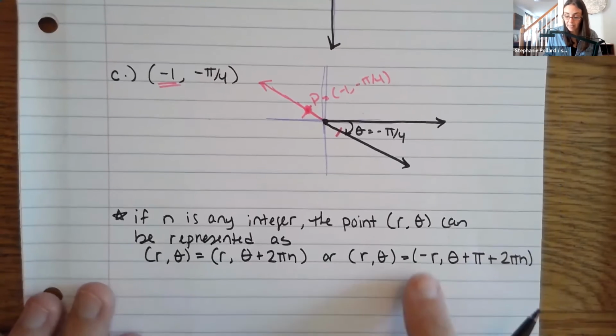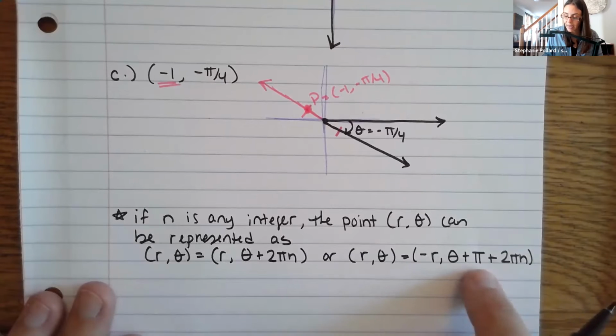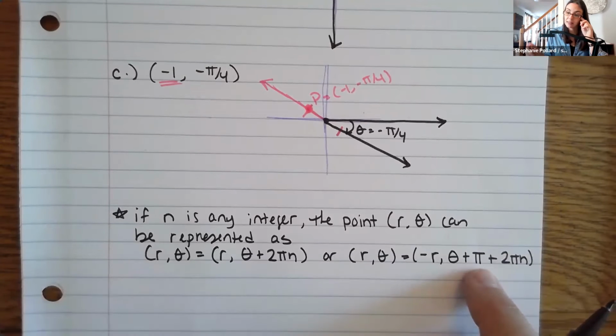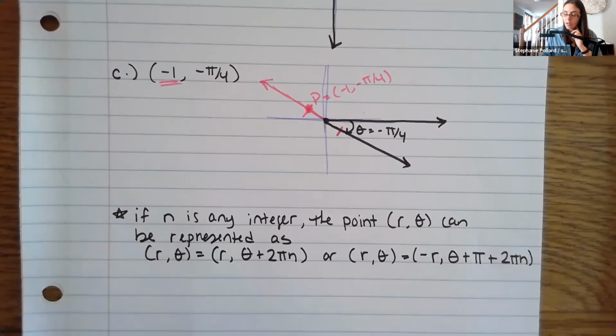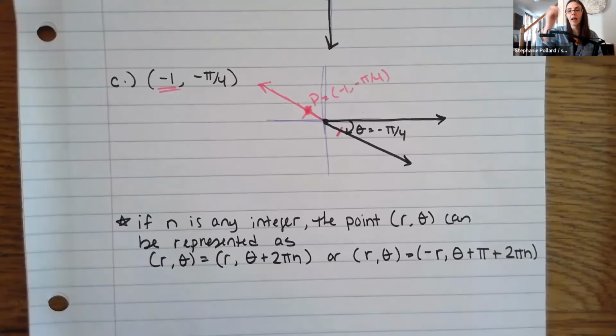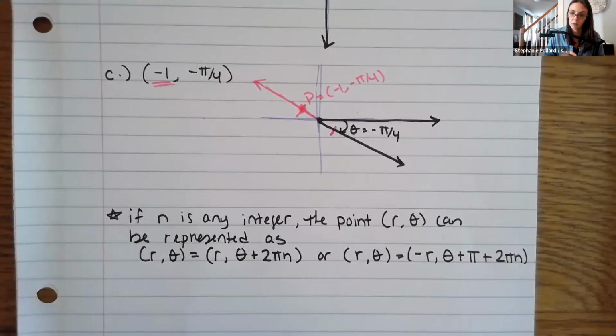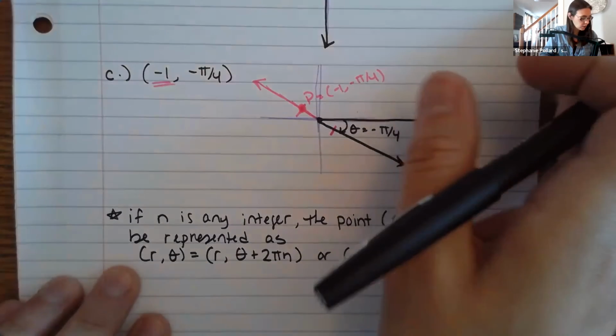So if your r is negative there, you can go ahead and add a pi to that and get the same value back for the angle. And then again, you have that 2 pi circular idea that keeps repeating over and over again. So you can get the same points, again, using different formats here. So let's go ahead and do an example of that.